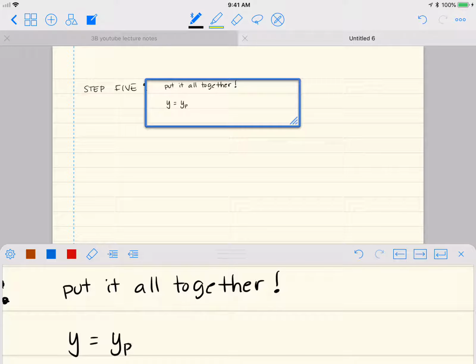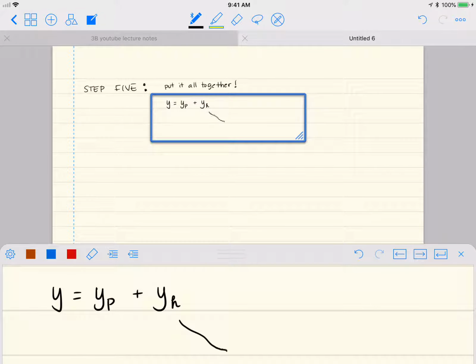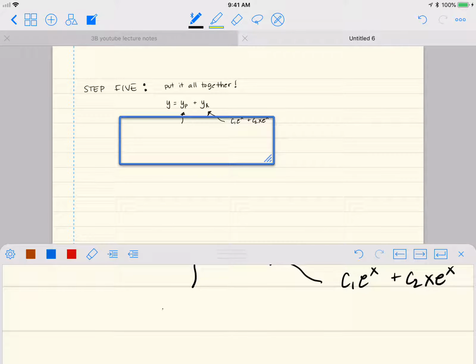So y is equal to our particular solution plus our solution to the homogeneous equation. Yh, we found that out from before. Yh was c1 e to the x plus c2 x e to the x. And yp was u1 y1 plus u2 y2.